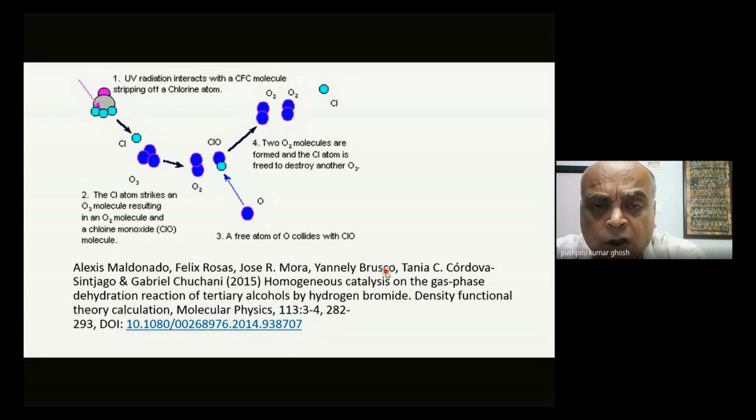Very few people talk about gas phase reactions, and yet they are very important. So we have seen how important the chamber process was, and it's a homogeneous gas phase reaction. Similarly, another very important gas phase homogeneous catalytic reaction is what takes place in the upper atmosphere. I just thought I'll mention it, although it's got nothing to do with sulfuric acid production.